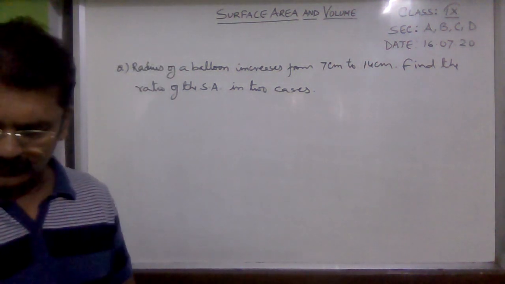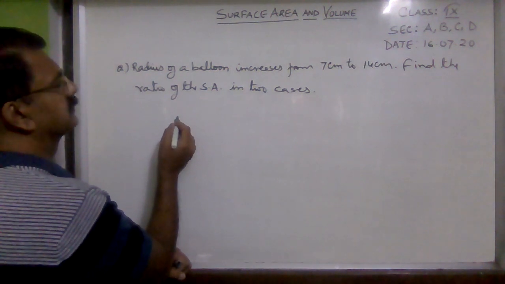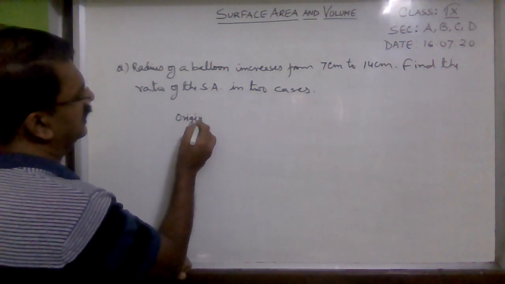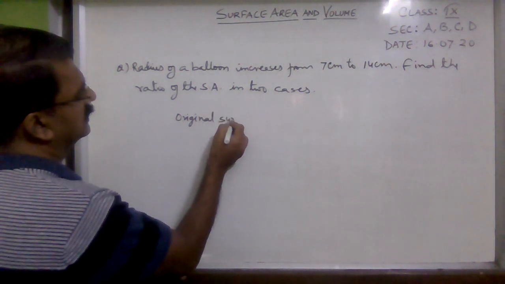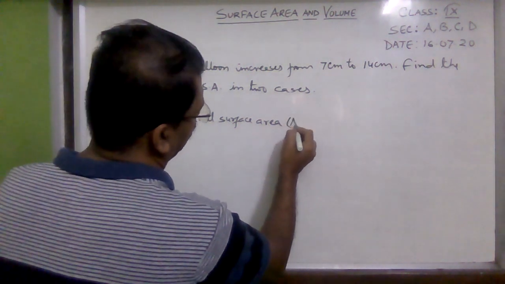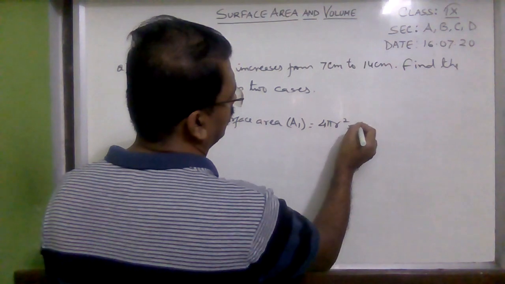So original surface area, let it be A1, 4 pi r square.